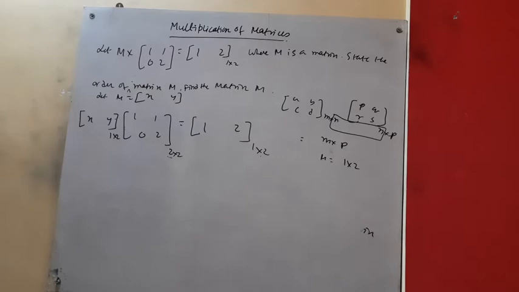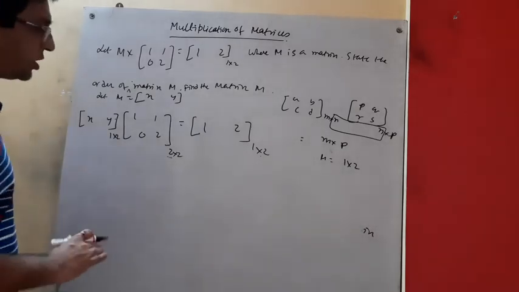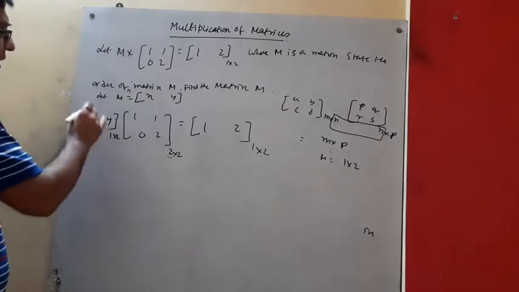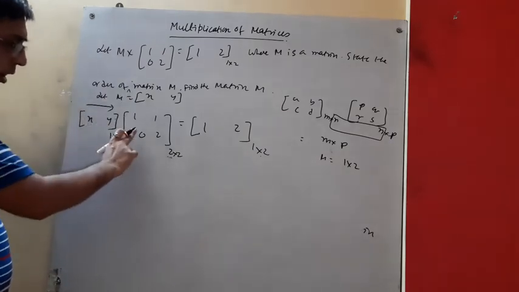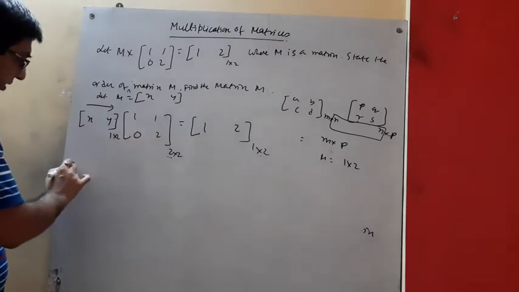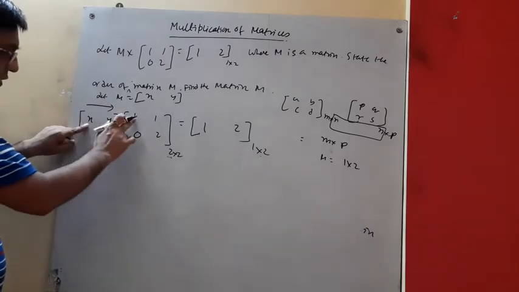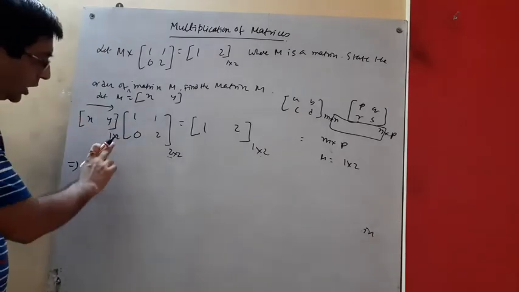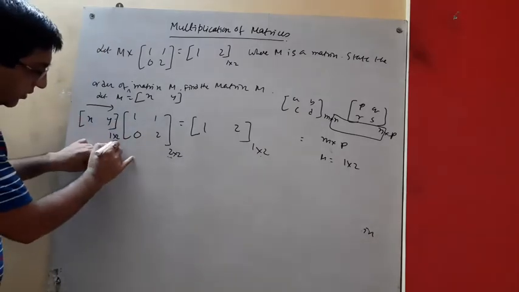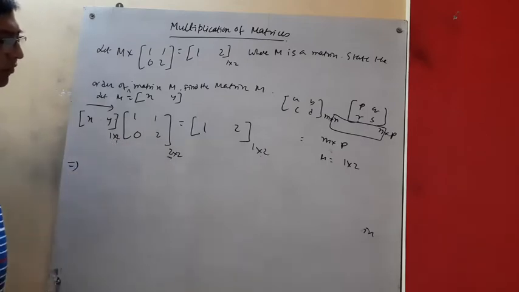Now how to multiply the matrix? This is very important. In case of matrix multiplication, we go this way, one part along the row and one part along the column. So these are conformable for the product, we have understood, because the column number of the first matrix equals the row number of the second matrix.